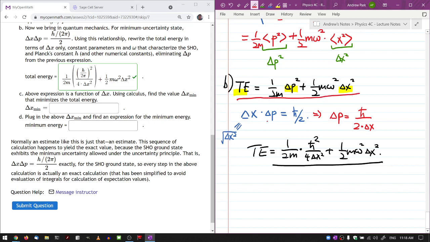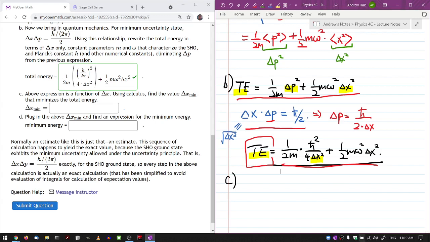I've constrained one of them by insisting that the Heisenberg uncertainty principle holds. That left me with 2 variables in my equation. And what I'm going to do is constrain this expression further by looking for a total energy that's consistent with this expression while minimizing it. So I'm trying to look for the ground state, the minimum energy state possible. That's what I'm doing.